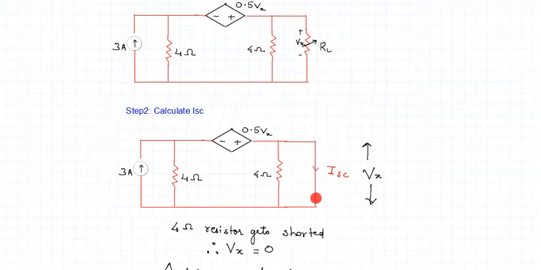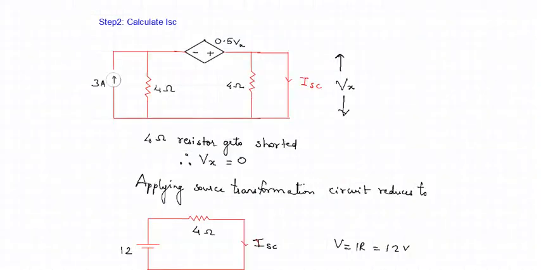Now what we observe is that ISC is the current through the short circuit path. We removed RL and replaced it by the short circuit path.